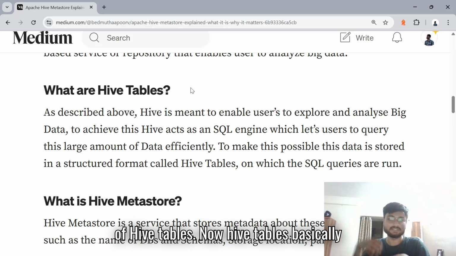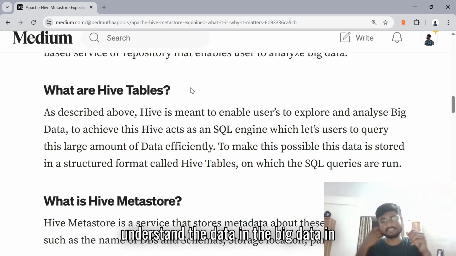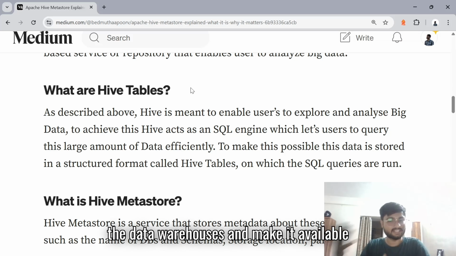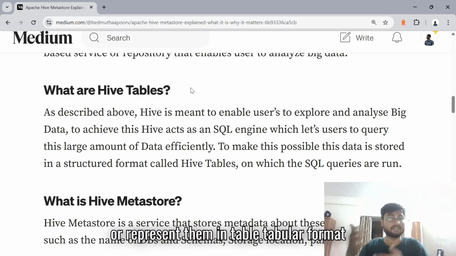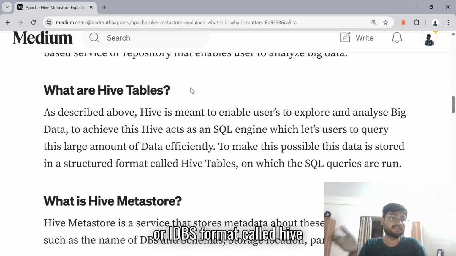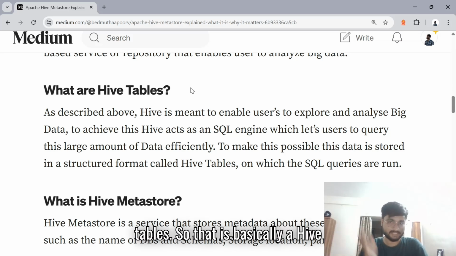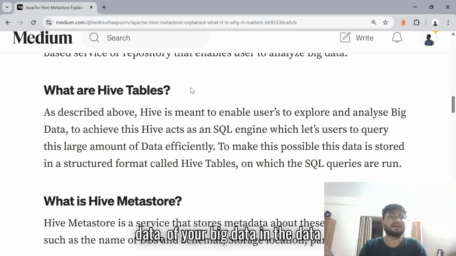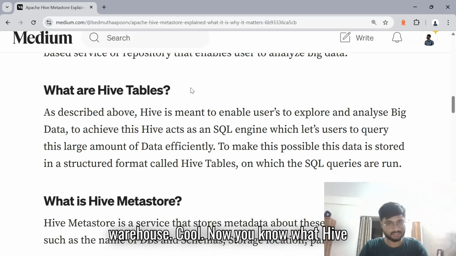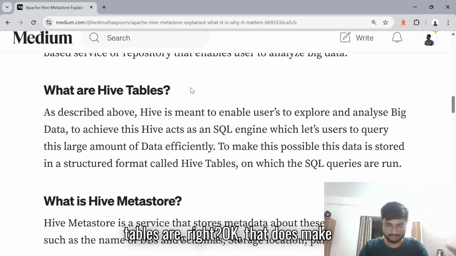Hive tables basically understand the big data in the data warehouses and represent it in a tabular or RDBMS format called Hive tables. So that is basically a Hive table, a structured format of your big data in the data warehouse.